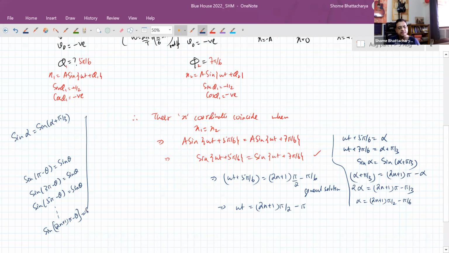So using this identity, you can see that if this value is in general 2n plus 1 pi minus this value, then, you understood now?